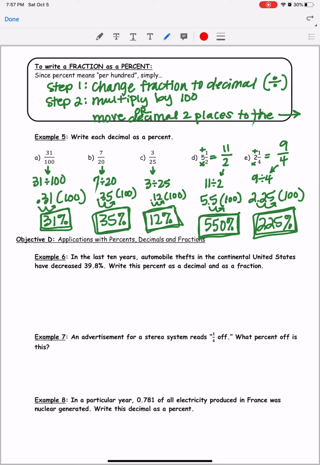So, as a decimal, all I need to do is take this here and move it 2 places over. So this becomes 0.398.